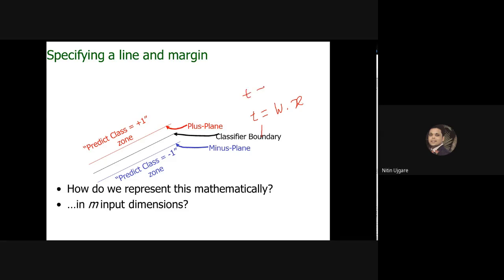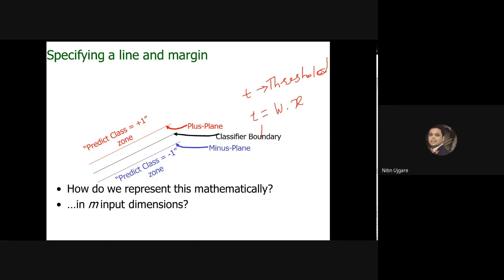So T is my threshold value, and based on this threshold value, we will perform the classification of given input instances to the positive class and negative class.